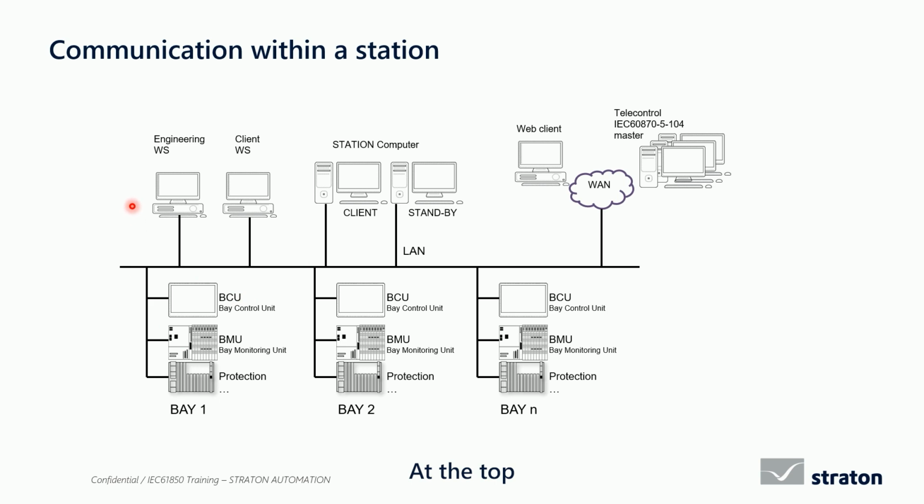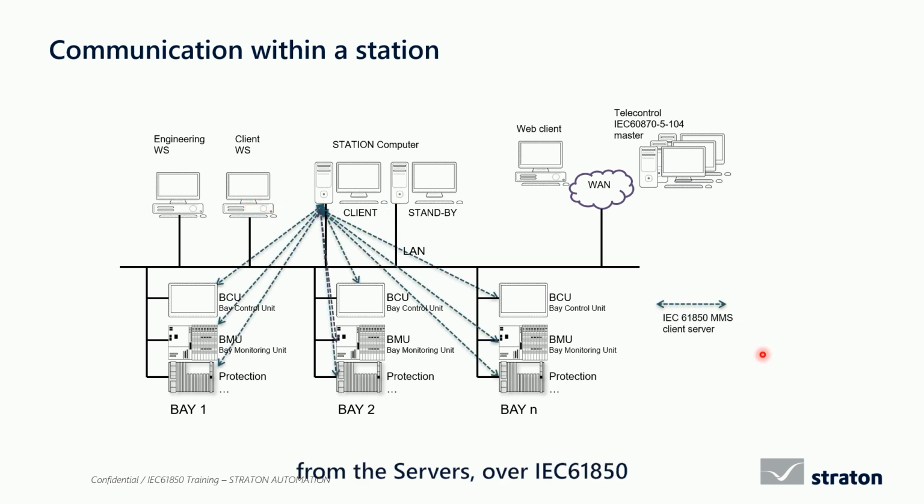At the top, we have what we can call supervision PCs with 850 clients reading data from the servers over the MMS protocol. So that is the communication between a client and the server. Servers can also communicate between each other using the Goose protocol. I told you this was not an animal.